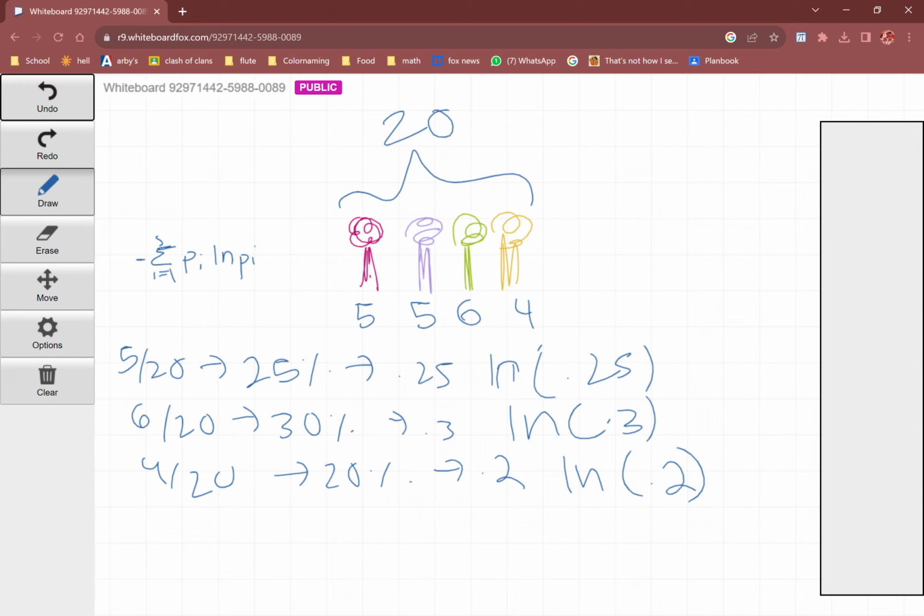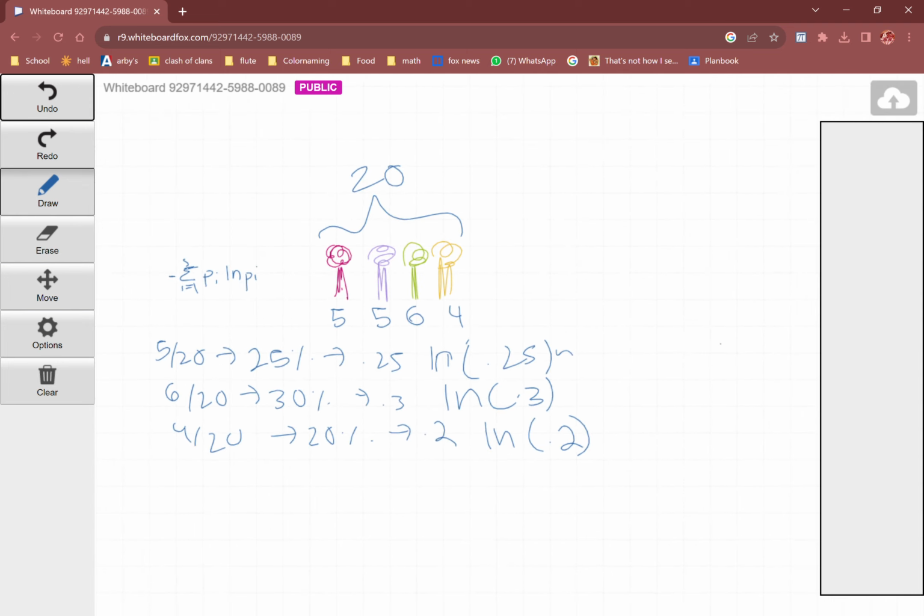Okay, so my natural log of 0.25, I'll go to 3 decimal places, is approximately negative 1.386. Natural log of 0.3 is approximately negative 1.204. Natural log of 0.2 is approximately negative 1.609. Okay? So that is our natural log of p of i calculated.